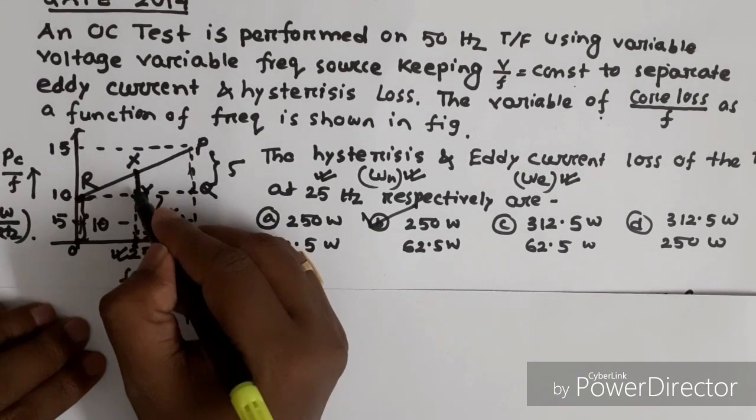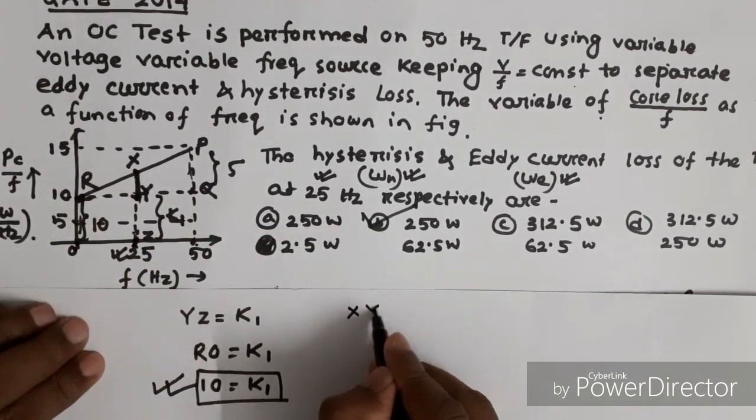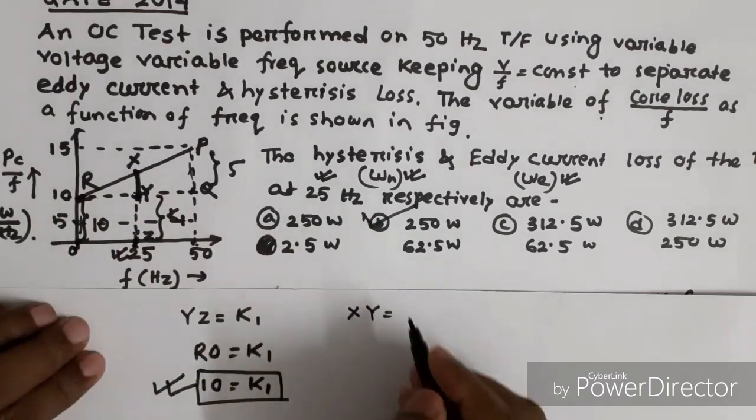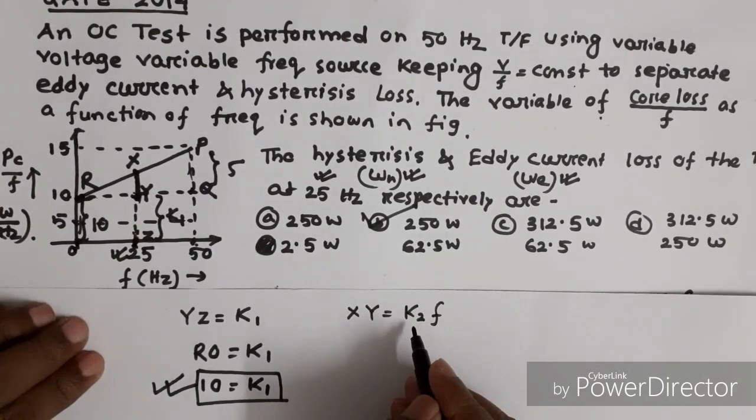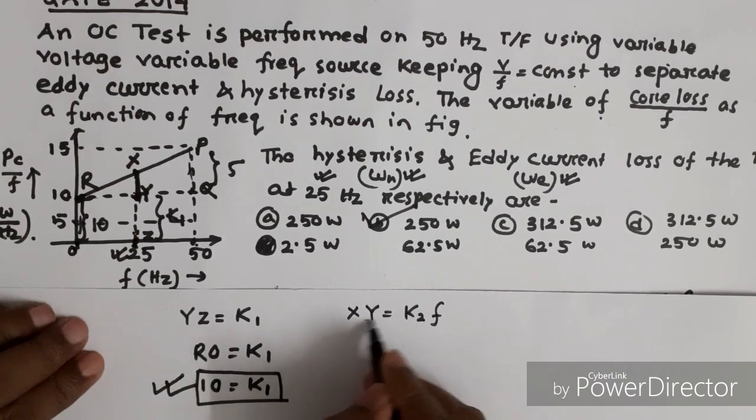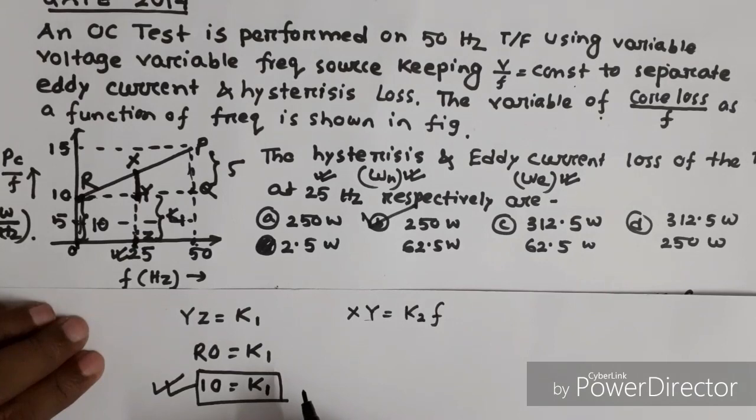Again, this is X and Y. XY equal to K2 into F. I have to find out the value of K2 using this relation.